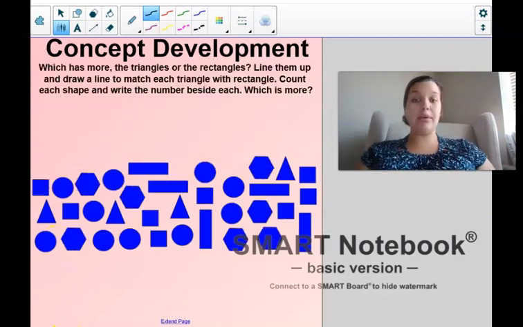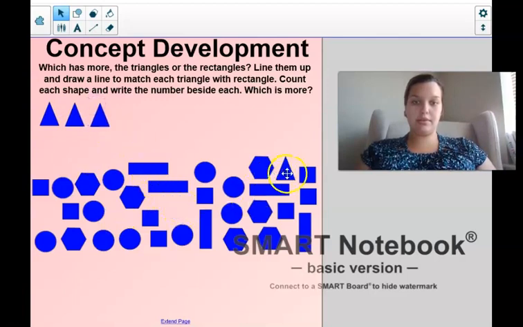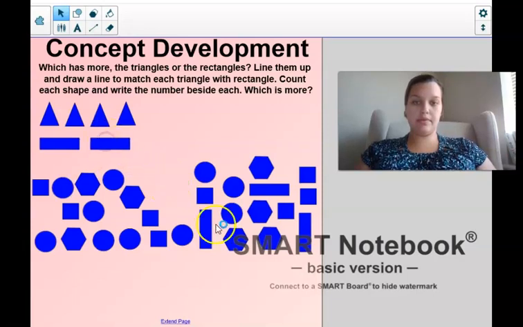Okay, now we're going to do the same thing with the triangles and the rectangles. Okay, we are going to line up those triangles. Now we're going to pull out our rectangles. What do you think?